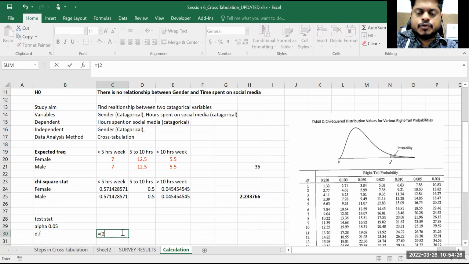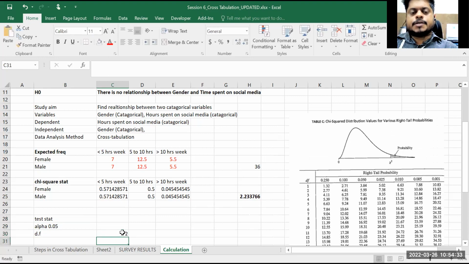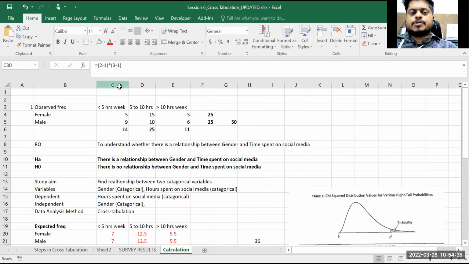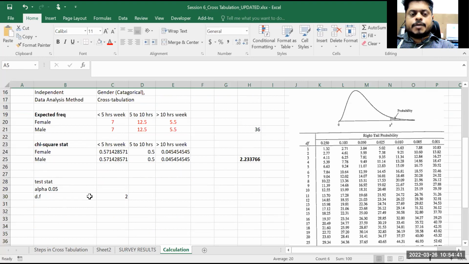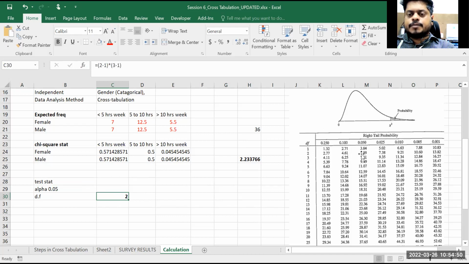I have two rows, female and male, so 2 minus 1 is 1, multiplied by 3 minus 1, because I have 3 columns. So my degrees of freedom becomes 2.